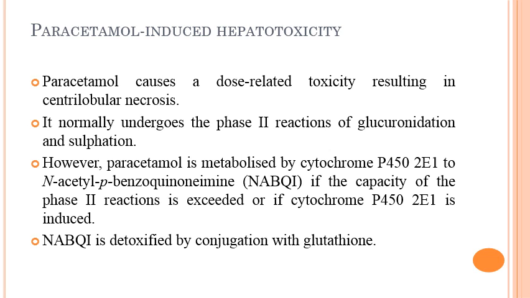However, in certain situations, the levels of glutathione may become lower so that it cannot detoxify it, or if too much paracetamol is taken, the phase 2 reactions won't be sufficient and the glutathione will not be sufficient to overcome the overdosage, and eventually this will result in toxicity of the liver.